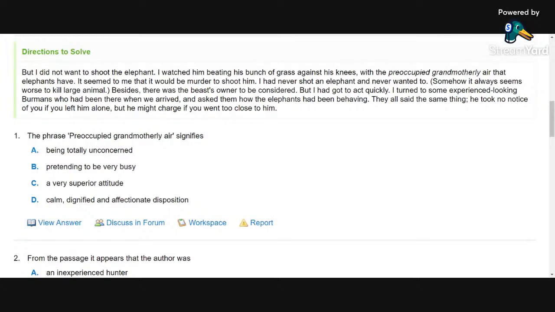So the first question here is, the phrase preoccupied grandmotherly air signifies. So what according to you is the right answer here? Whether it is A, B, C or D? A is given as being totally unconcerned, pretending to be very busy, a very superior attitude, calm, dignified, and affectionate disposition.